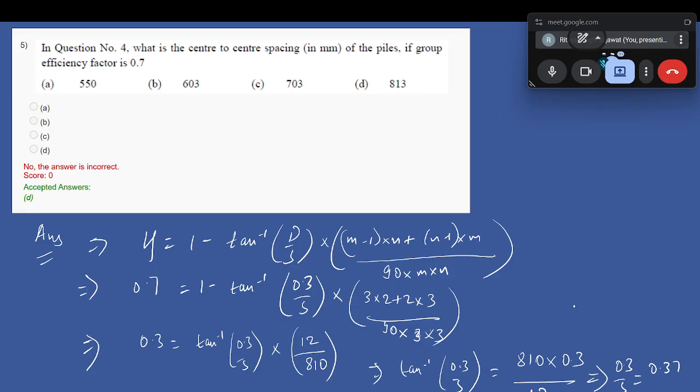So how much are you getting? Tan of 20.25. Have I made a mistake anywhere?